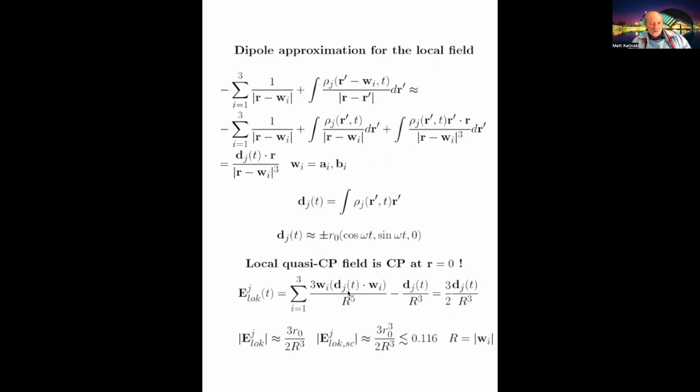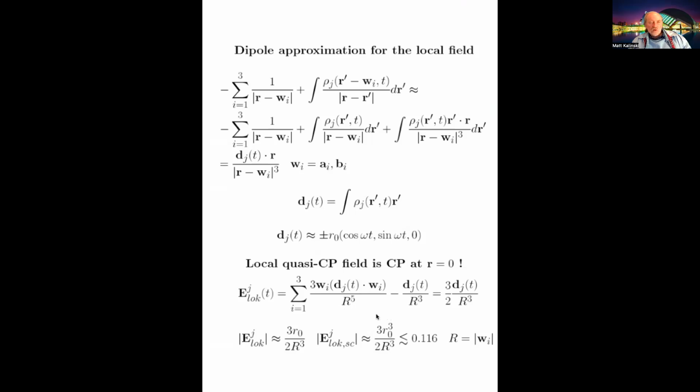For the honeycomb lattice with three neighbors, it is 3 square root of 2 times the dipole moment divided by the cube of the lattice constant, and therefore the strength of the local field is approximately 3 times the radius of the orbital motion of the Trojan wave packet divided by twice the cube of the lattice constant.